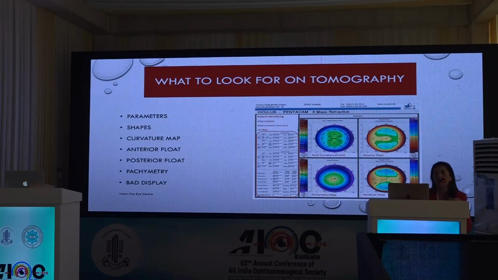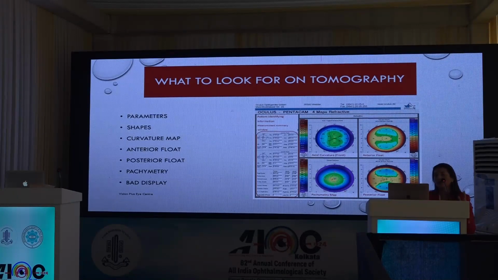So what do we look for on the tomography? There are various parameters, shapes, maps, and for a novice, it can be quite confusing. The important thing is to identify that the patient demographic data has been correctly entered, because birth date is important because the parameters are compared to the normative data.